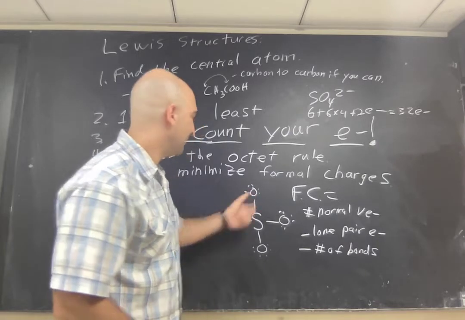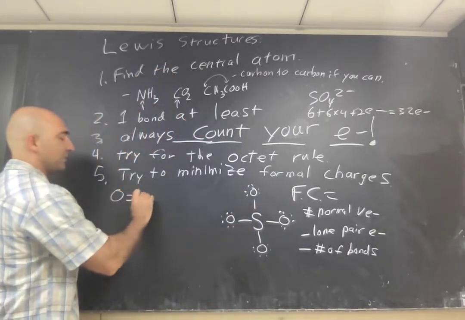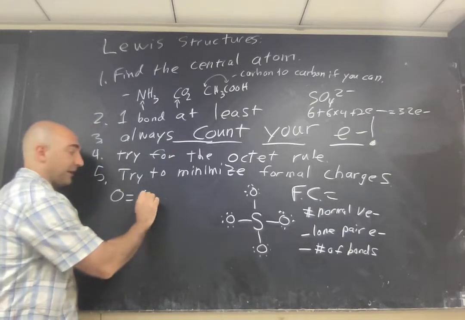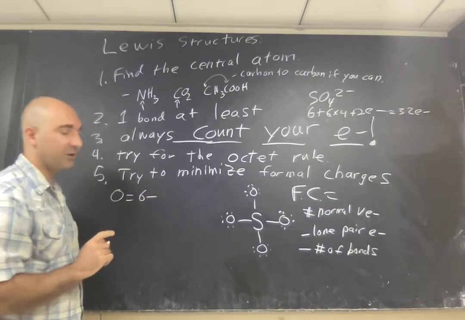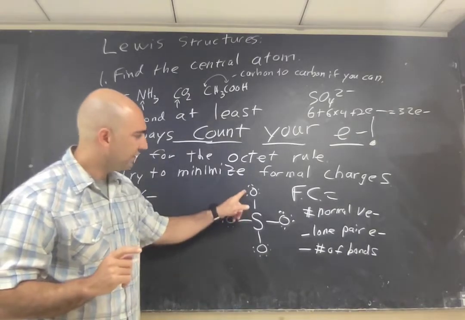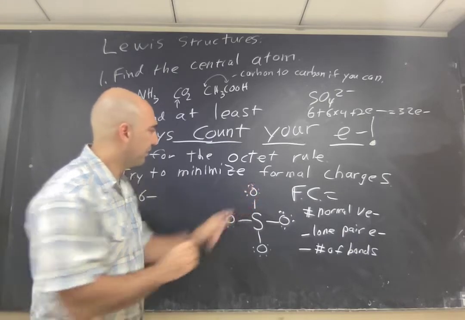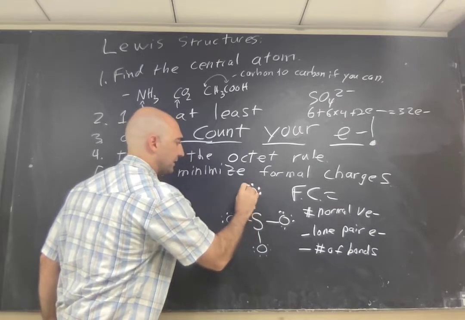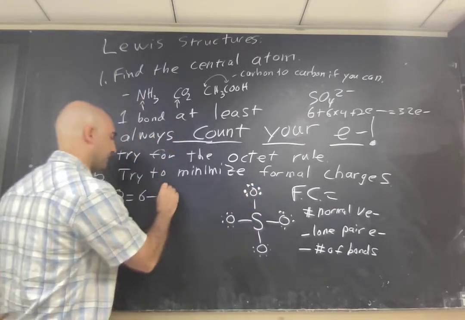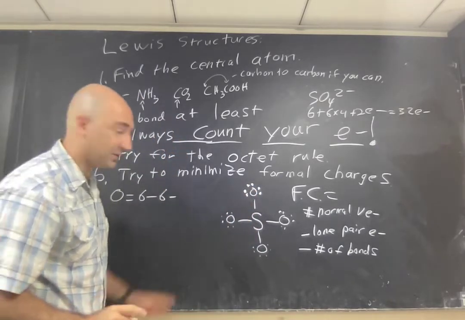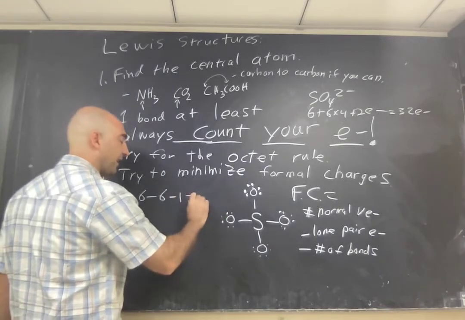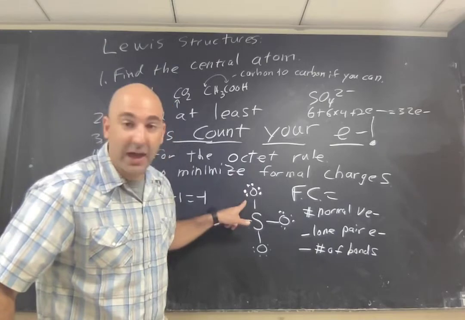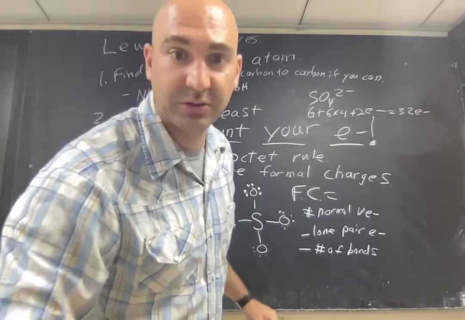So my formal charge on oxygen is going to equal 6, which is the normal number of valence electrons for oxygen, minus, how many does it have right now? It has 1, 2, 3, 4, 5, 6. So 6 minus how many bonds does it have? It has 1. And that equals -1.